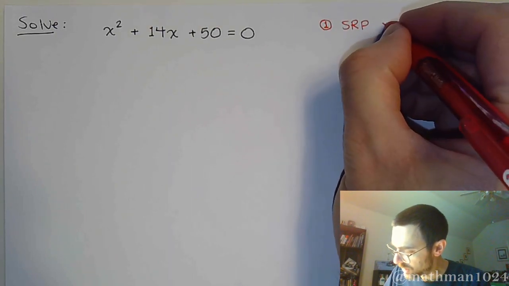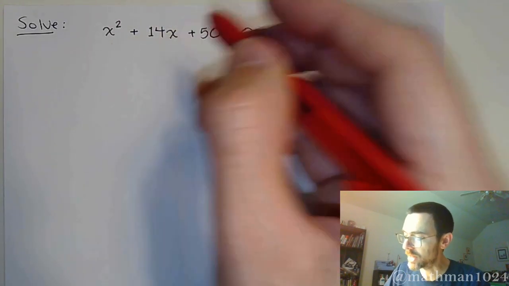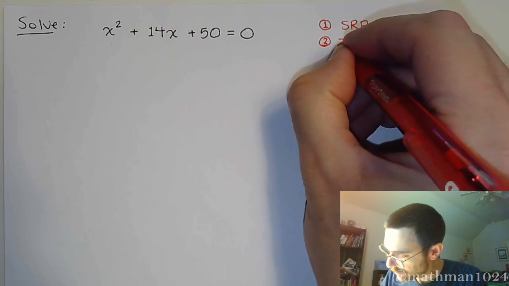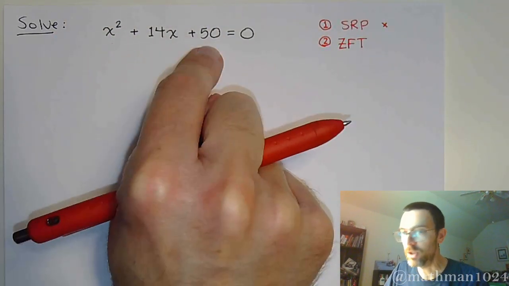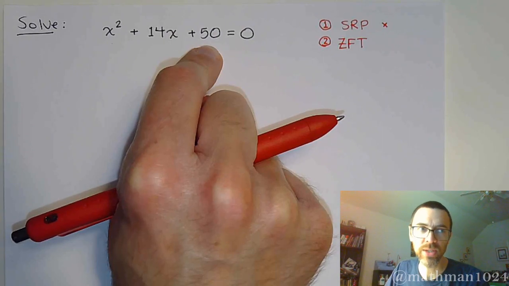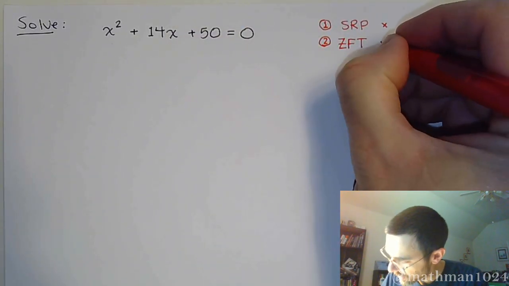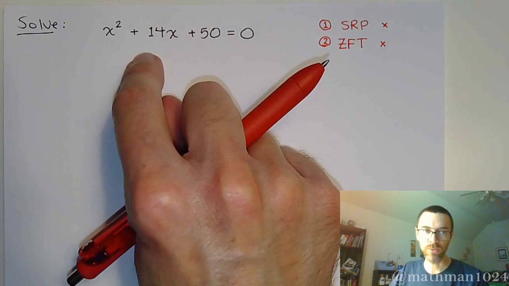Well, no, because we see two different terms that contain x, so the square root property does not come into play right now. The second thing we try to do is to apply the zero factor theorem. In other words, can this polynomial factor? You can try all you want to, but this guy just is not going to factor. There's no way for us to find factors of 50 that add to 14.